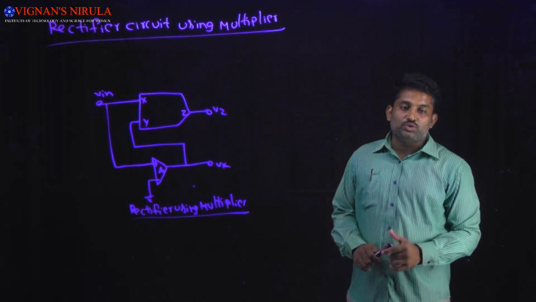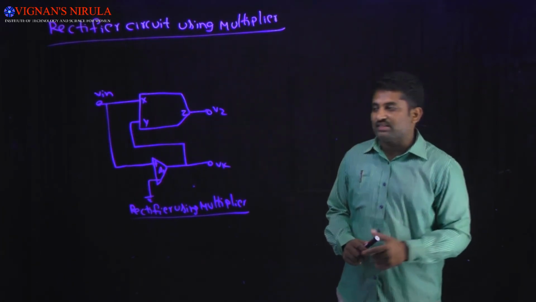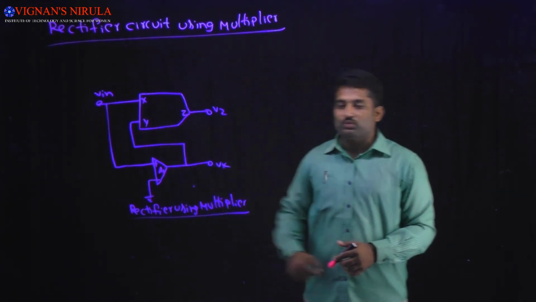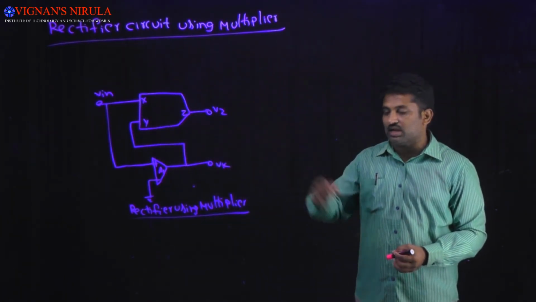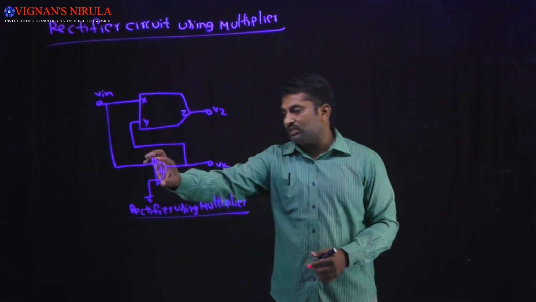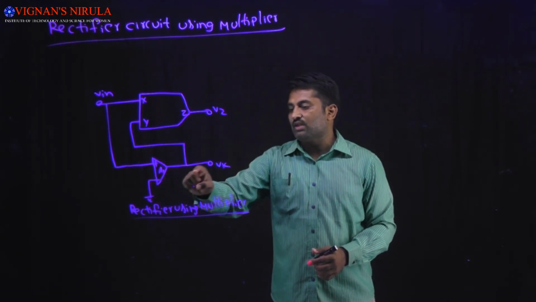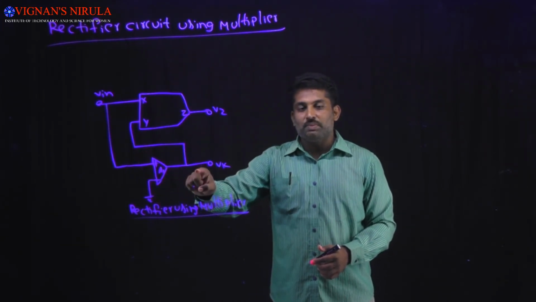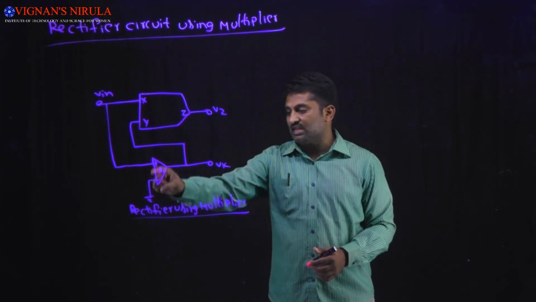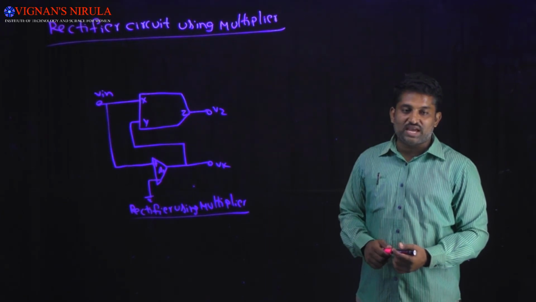That means it produces the output as plus or minus Vsat depending upon the input voltage applied at the non-inverting terminal of the op-amp. If Vin is greater than the reference, we get plus Vsat, and if Vin is less, we get minus Vsat.